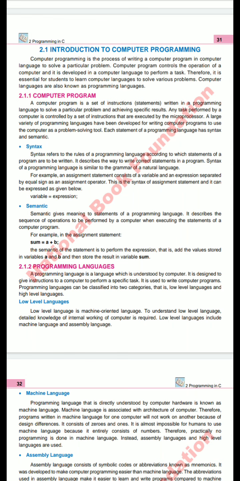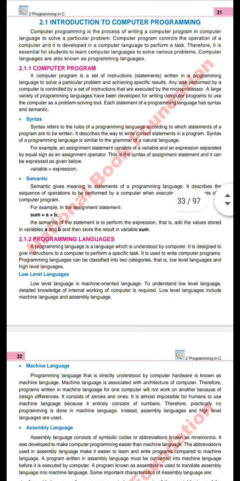Any task performed by a computer is controlled by a set of instructions executed by the microprocessor. A large variety of programming languages have been developed for writing computer programs, to use the computer for problem solving.